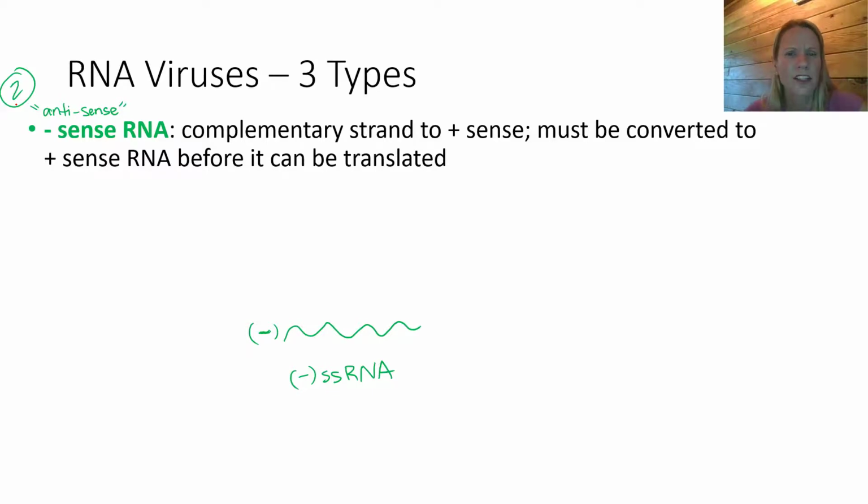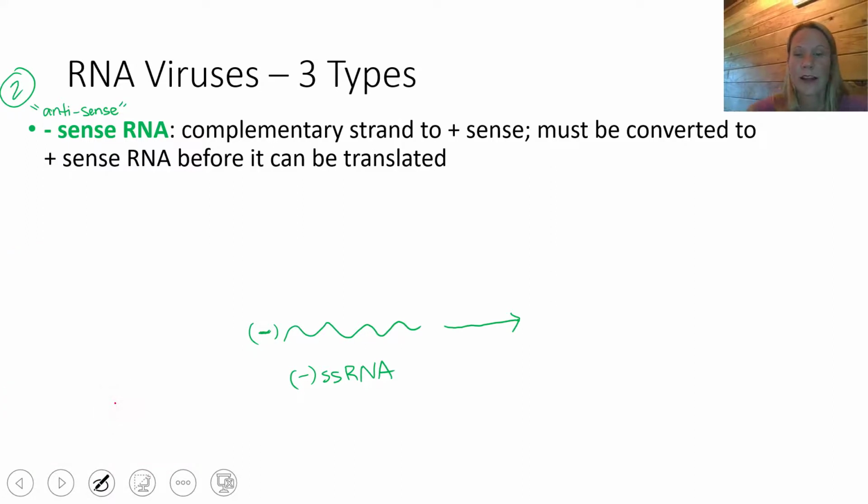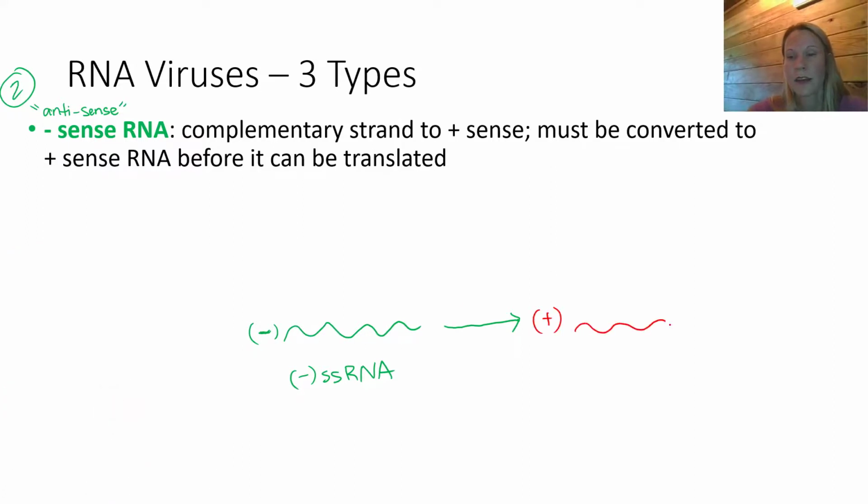Okay, so how's it going to do that? See where I'm going with this? So we're going to copy the antisense RNA genome into a sense genome. Remember, we use the plus sign to mean that it's the sense genome. So we need to copy it into the sense genome. So do we know of an enzyme that copies RNA into RNA?